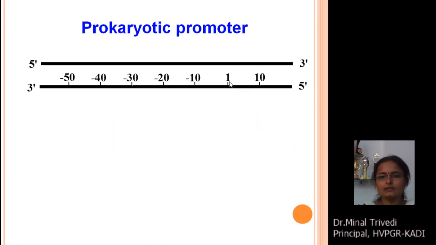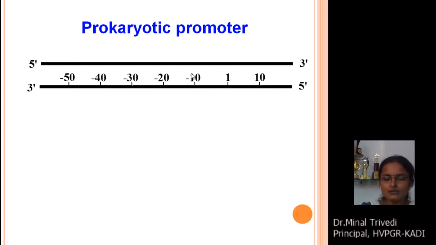If we consider this as the starting point of the RNA coding region, moving to the upstream location, you can count the nucleotides on a minus scale, -1, -2, -3, likewise up to -50. It has been mentioned over here.